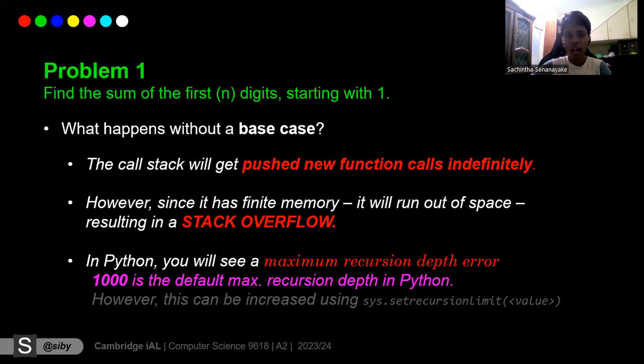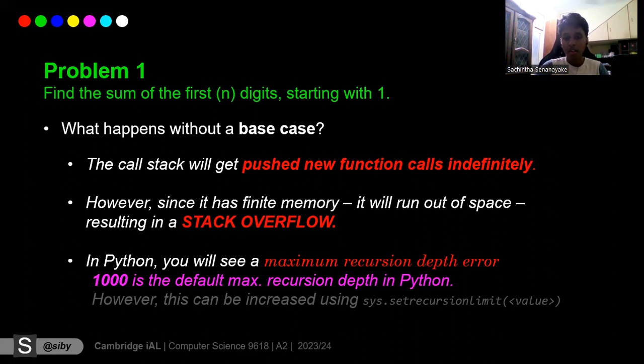Forever, sort of. But of course, we don't have infinite memory to keep calling it indefinitely. So what will happen is the call stack will run out of space, and you will get to a position called a stack overflow, right? In Python, you'll get an error called maximum recursion depth error.